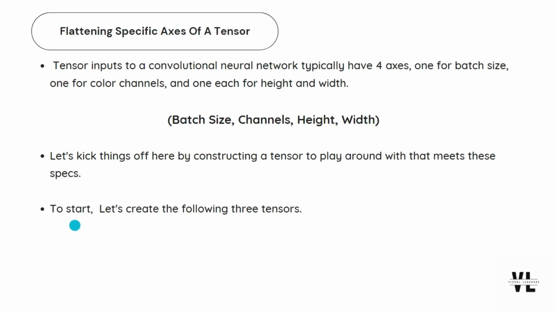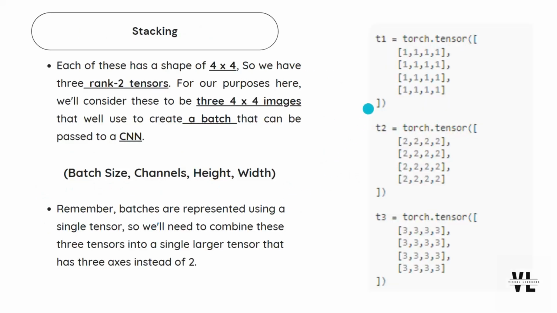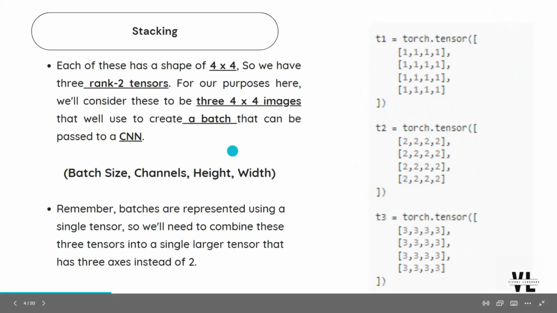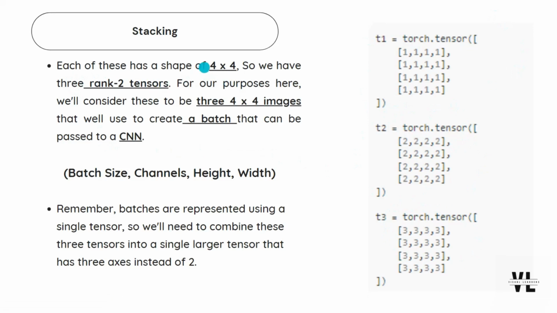To start, let's create the following 3 tensors. So these are the 3 tensors we're going to be creating. Each of these has a shape of 4 by 4. So we have 3 rank 2 tensors because we have height and width.